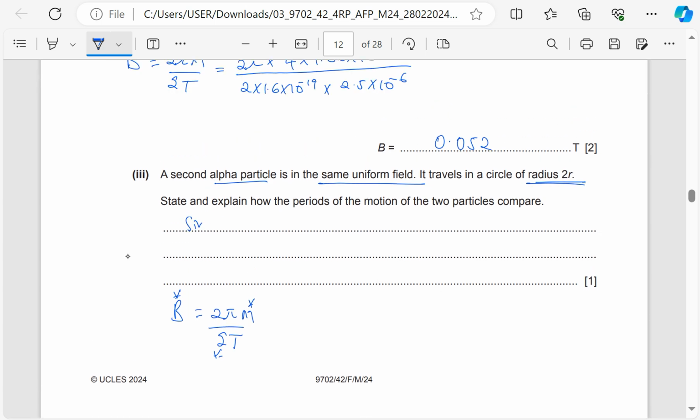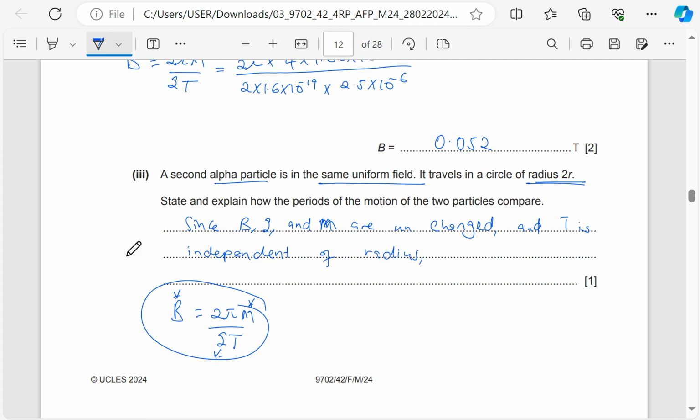So since B, q, and m are unchanged, and t, we don't see r in this expression here, t is independent of the radius. So the period is the same.